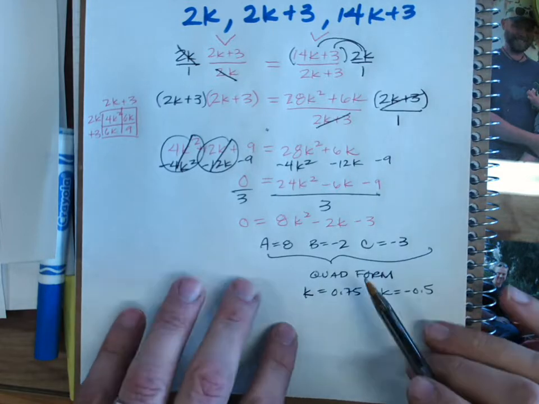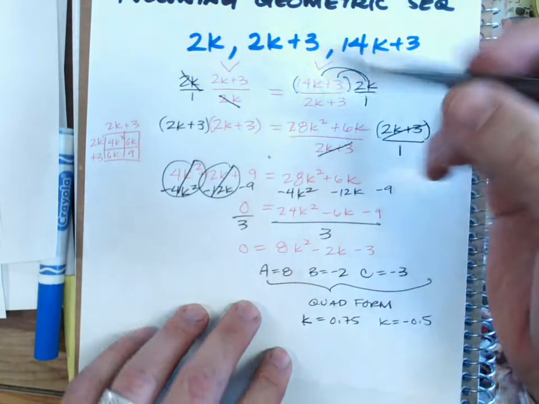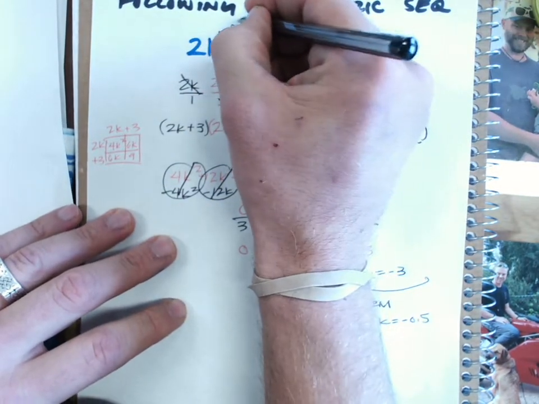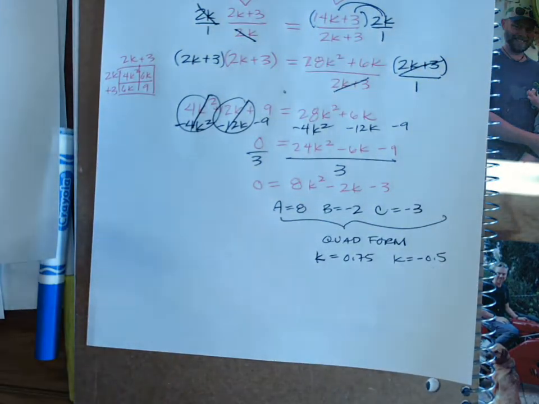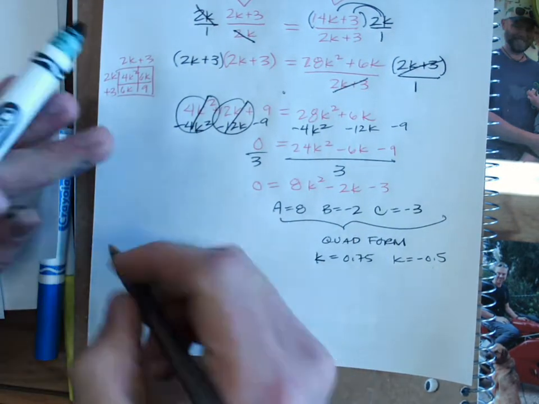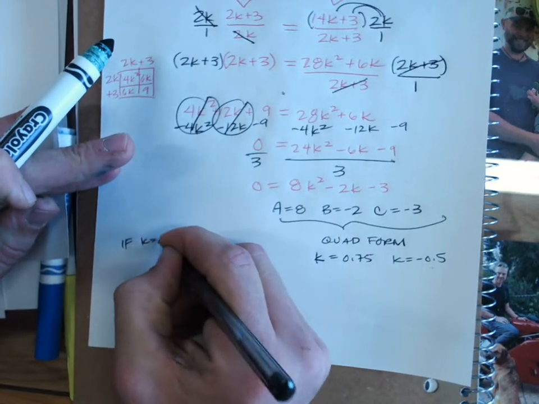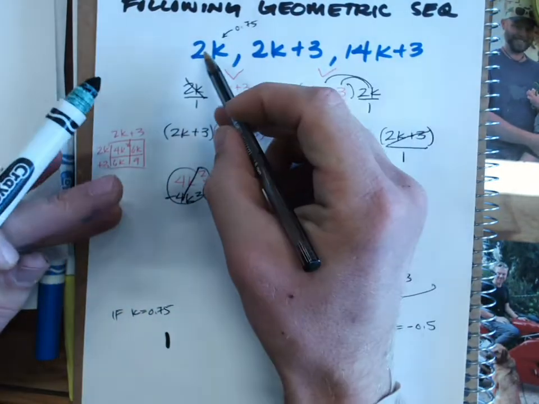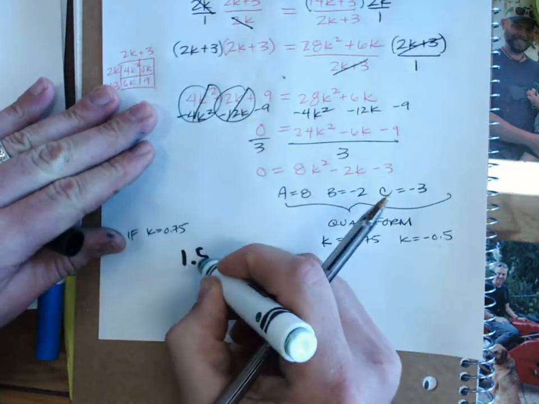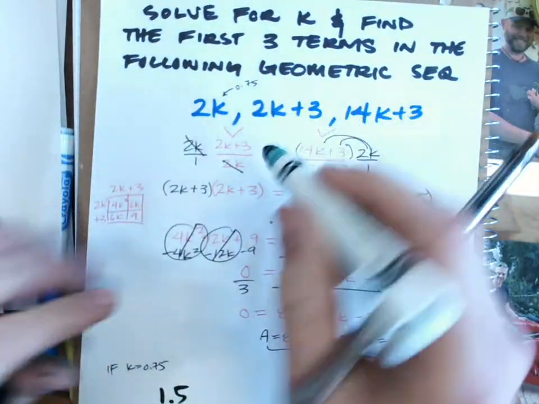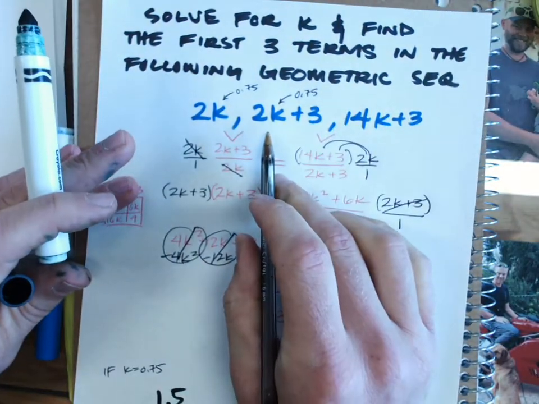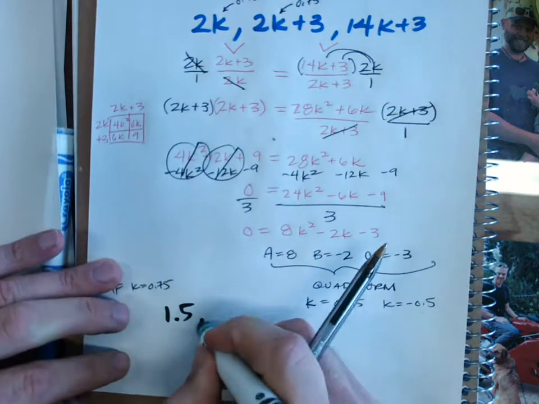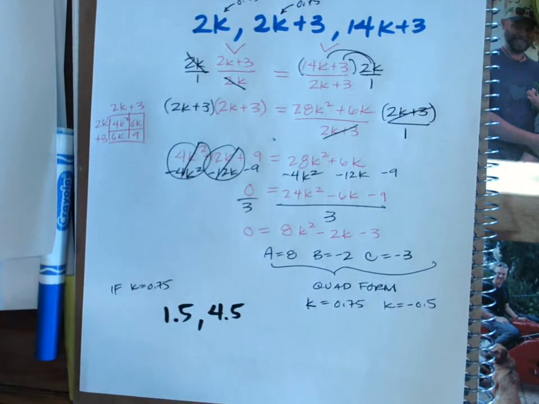Let's test them both. If we go back up here and we put in k is 0.75, that would mean that the first number in the sequence is 1.5. And then if we put that same 0.75 here, that would then make 4.5, which is multiplying by 3.